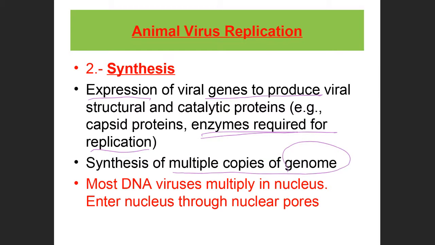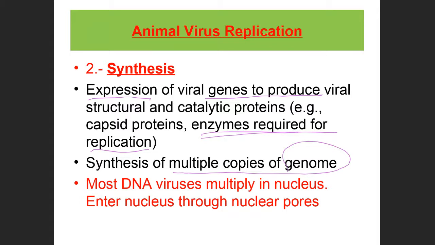Now, because eukaryotic cells, animal cells, have different compartments inside, remember that in eukaryotes, replication of the DNA takes place inside the nucleus. Transcription takes place inside the nucleus. Translation takes place in the cytoplasm.